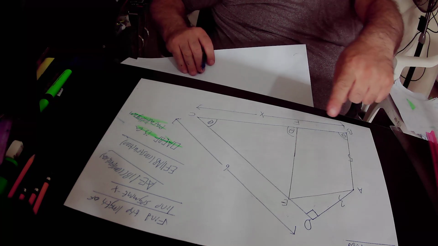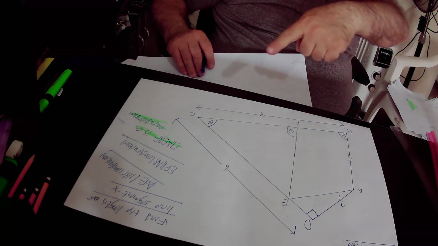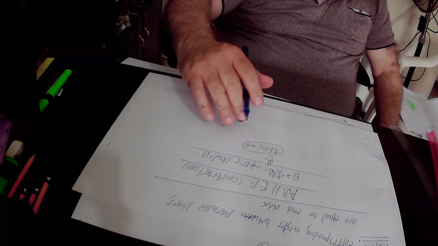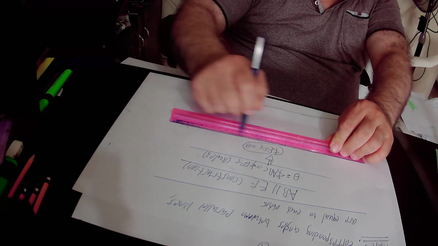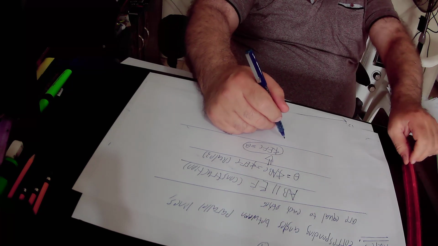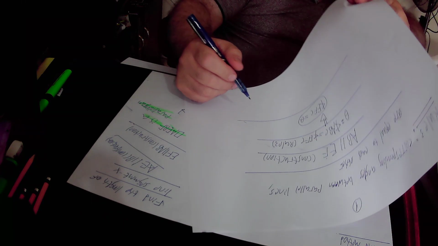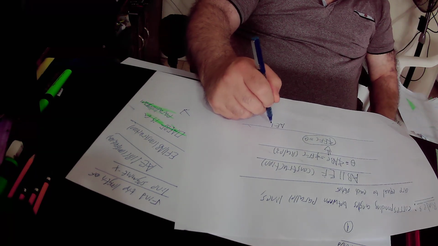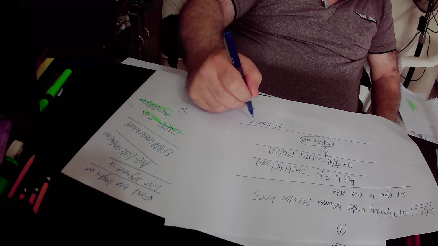Likewise, AE is parallel to BC according to our construction.